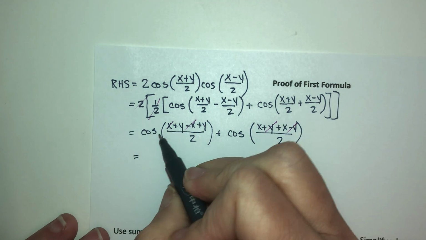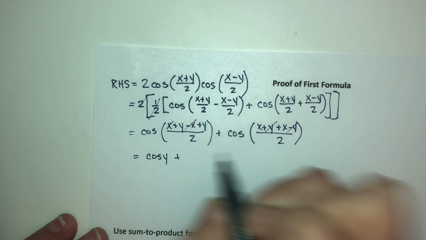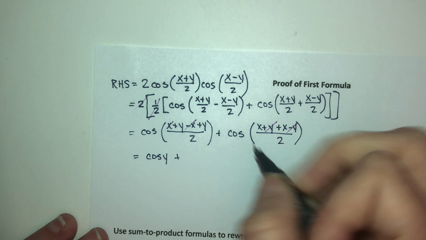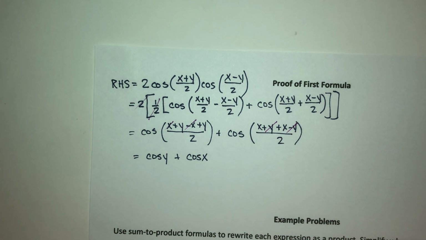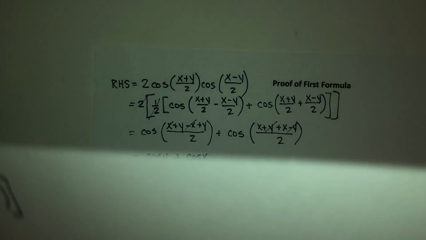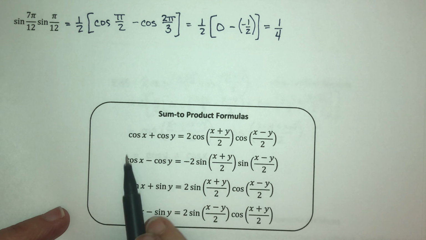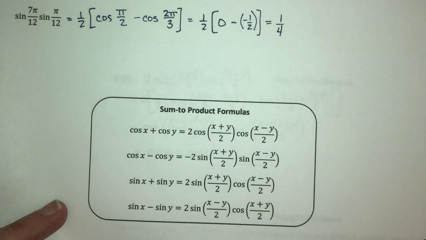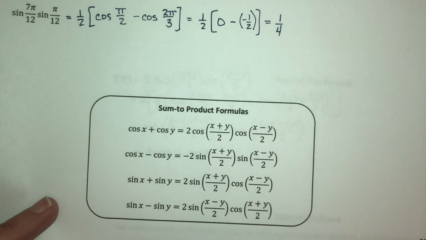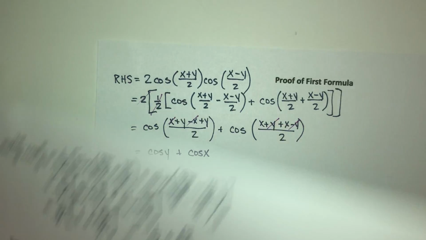So that's cosine of 2y over 2, which is cosine of y, plus cosine of 2x over 2, which is cosine of x. And that is exactly what we hoped to end up with over here. So that's where these formulas come from. It's just a matter of plugging it in and using the product to sum formula that we've talked about earlier.